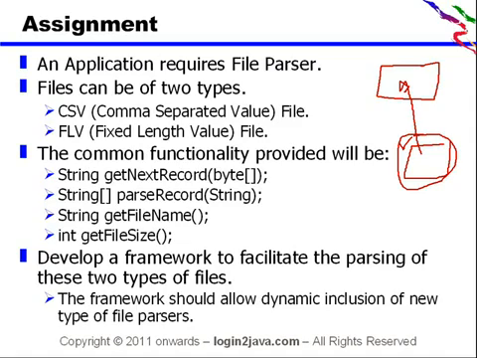Atul has asked how the dynamic inclusion relates to the IOC as implemented by J2EE containers. This functionality is very much similar, where you can just pass on the type of the class and you will get its instance ready for use.